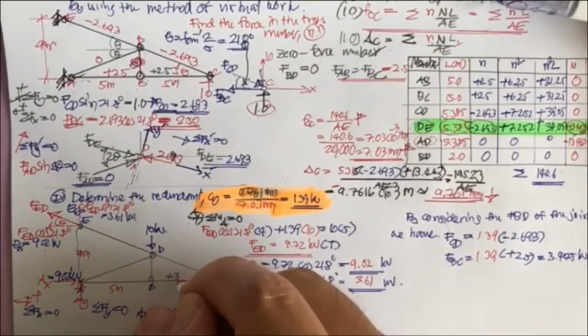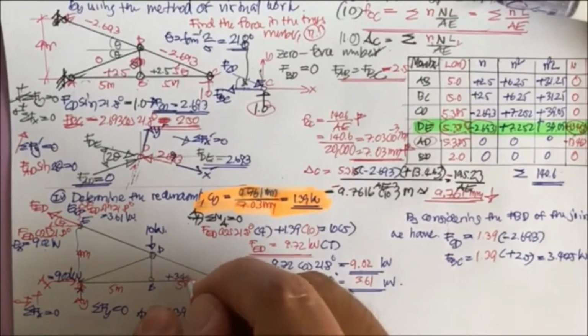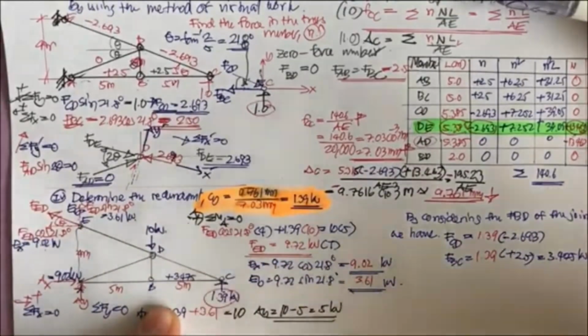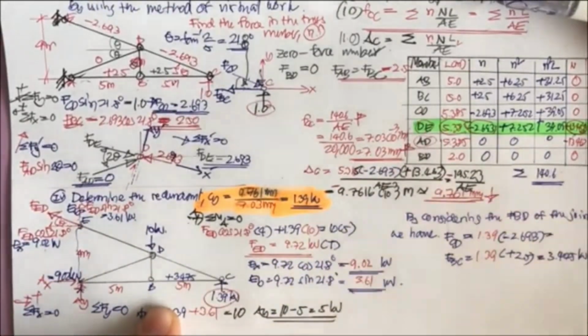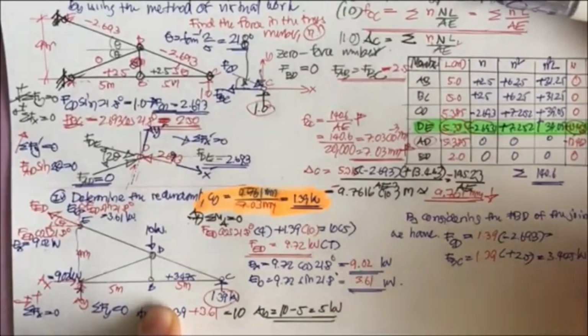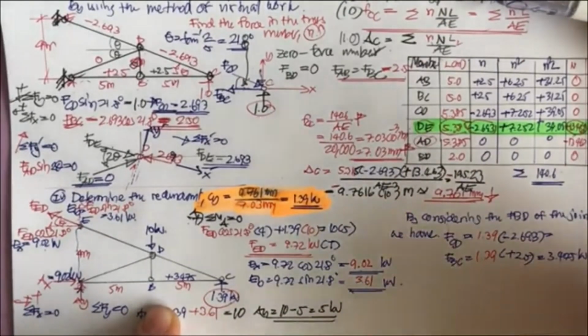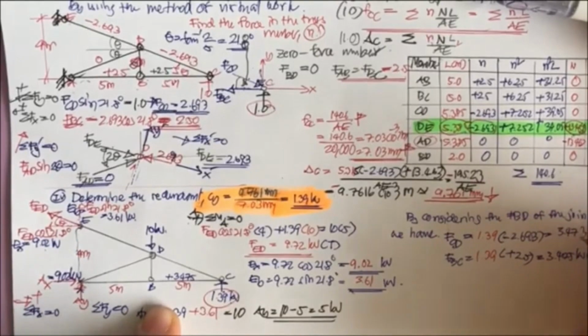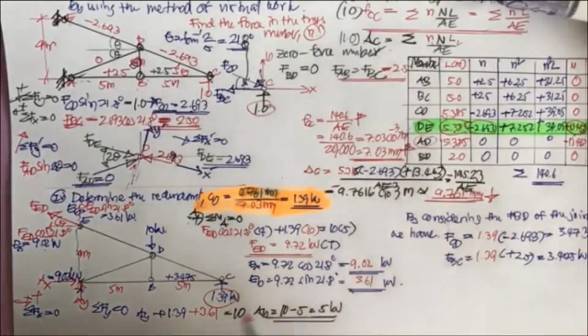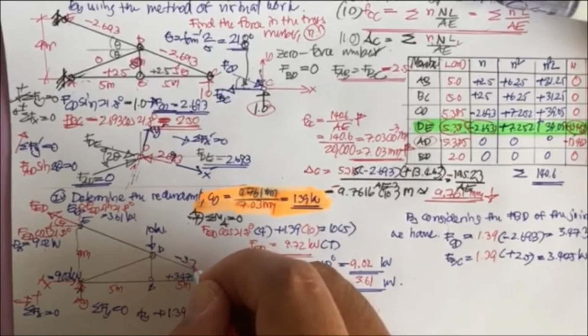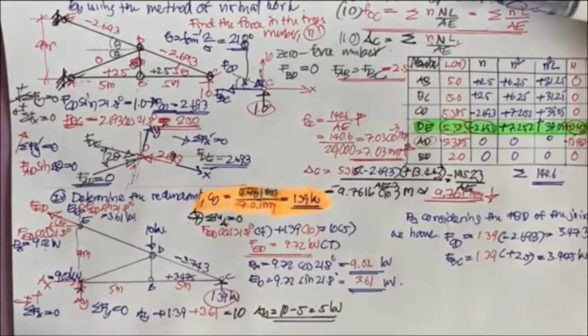So this is plus 3.475, and this is going to be equal to minus, right? And it's going to be in compression if you like, 3.743. This is going to be minus 3.743.